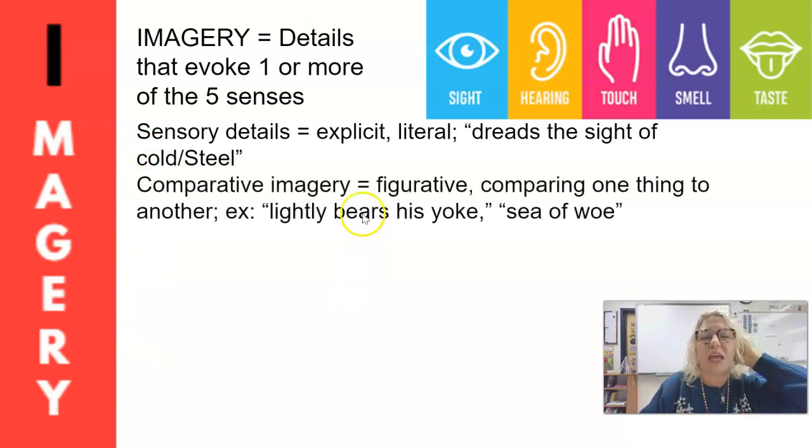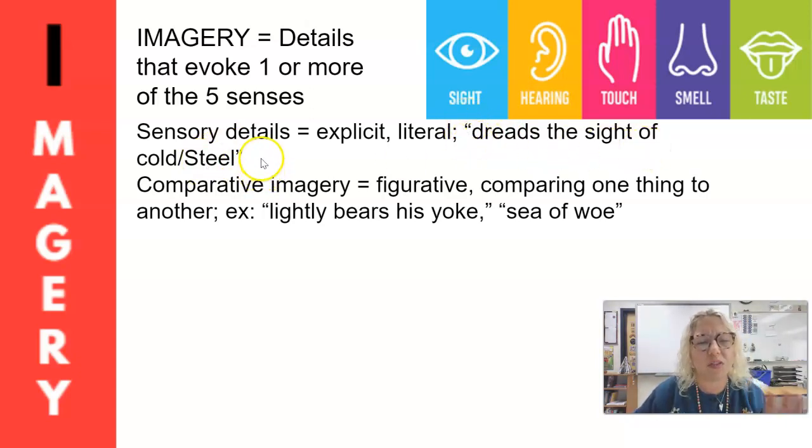We also have comparative imagery in this speech, and I like to talk about these two differently, sensory details and comparative imagery. They are both types of imagery, but they work a little bit differently. The sensory details are a little bit more explicit and literal, although I guess it is somewhat figurative in that it's sort of an example of how women are afraid.